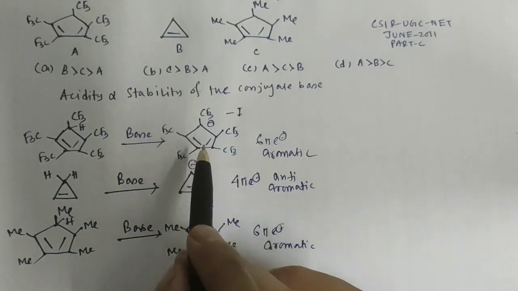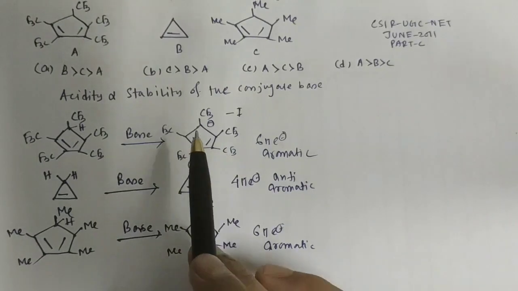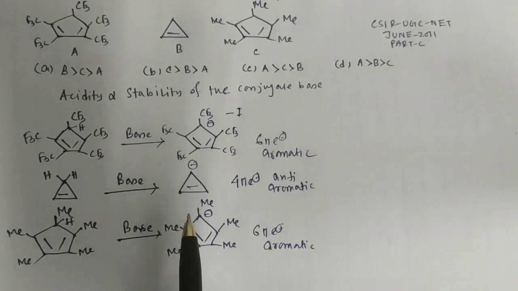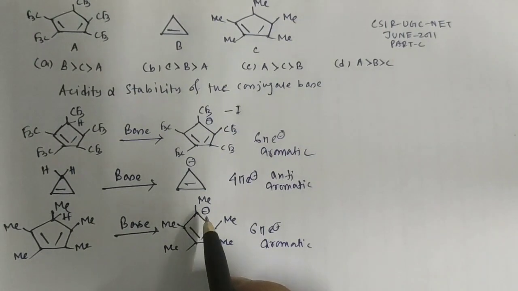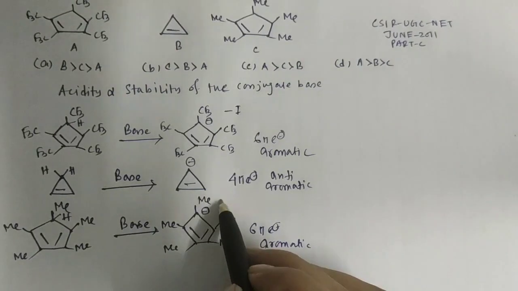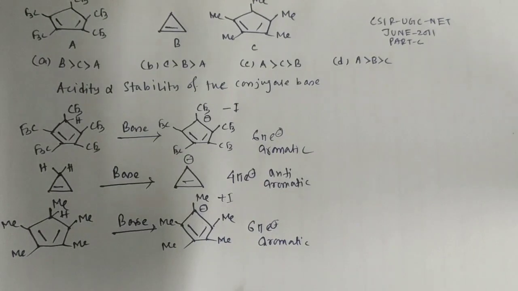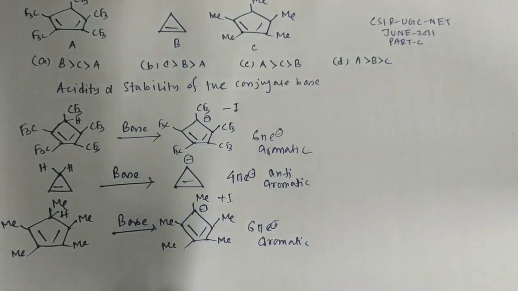So in this conjugate base, along with aromaticity, there will be a stabilizing factor, that is electron withdrawing effects of 5 CF3 groups. But we can see in the last compound, the conjugate base is destabilized by the plus I effect of 5 methyl groups, right? So between A and C, A will be the most stable.